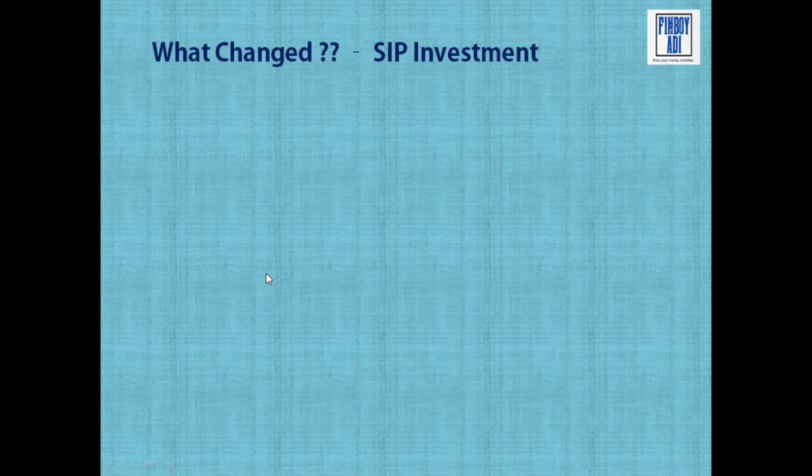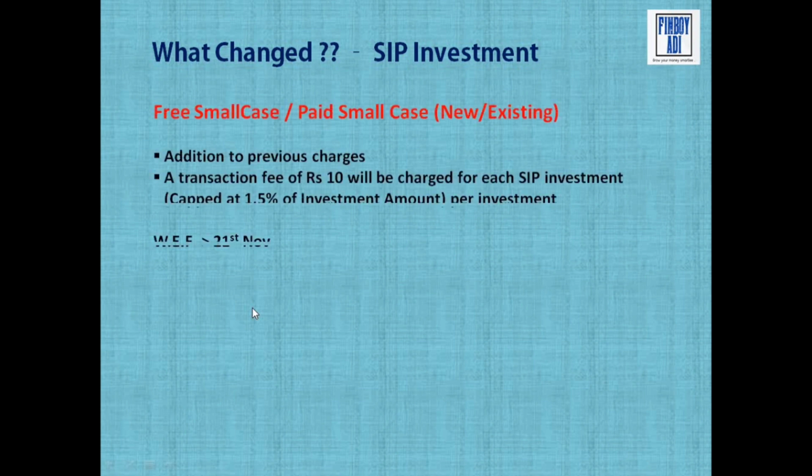Now let's discuss the SIP investment. If you are investing in SIP through Smallcase, there will be a charge of 10 rupees for each SIP investment. Each time you do a SIP investment in Smallcase, you have to pay a transaction fee of 10 rupees plus GST, and it is also capped at 1.5%.